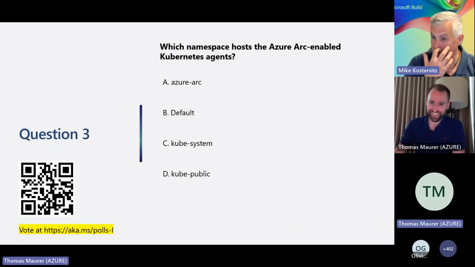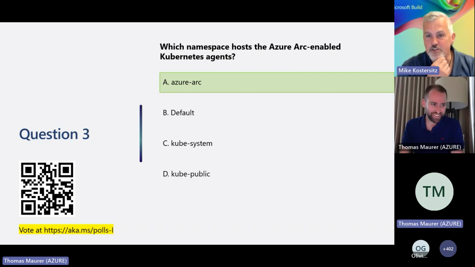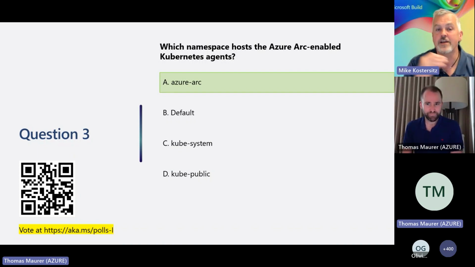Azure Arc is actually the obvious answer here, and that's where all the Arc agentry goes, where all the other Arc-enabled services go. Not only the Arc-enabled Kubernetes agents, actually all other agents will go into that same namespace as well. There's one small exception.